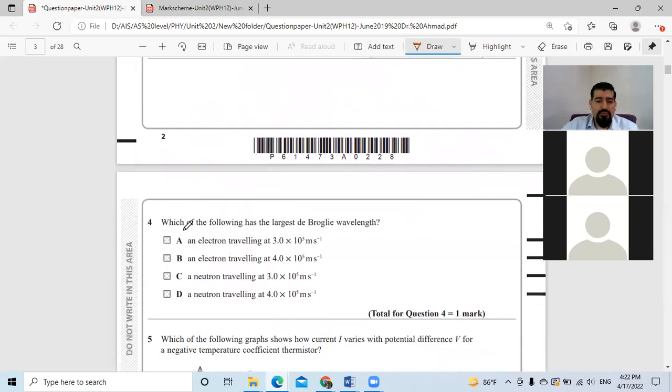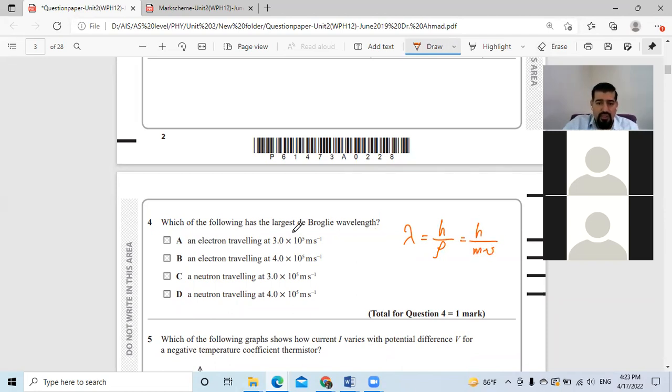Question number 4. Which of the following has the largest de Broglie wavelength? Now we know that de Broglie wavelength equals the Planck constant divided by momentum, so that means Planck constant divided by mv.